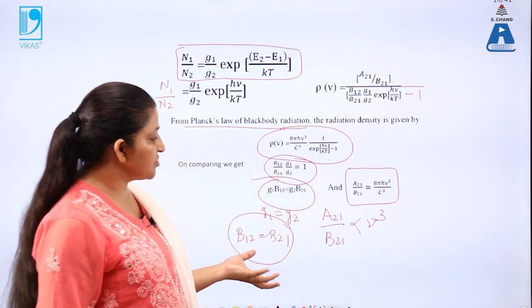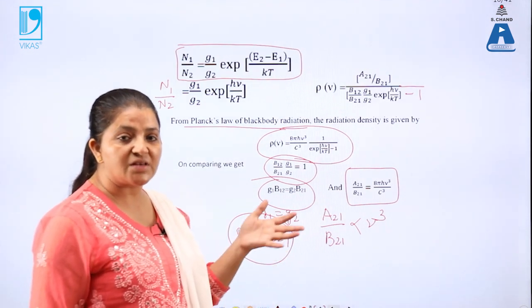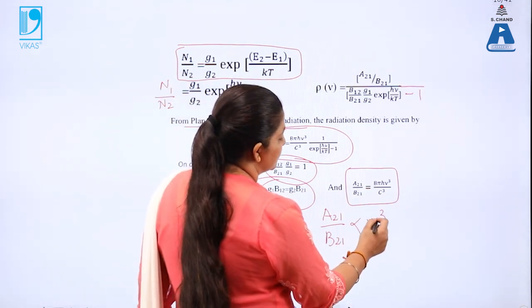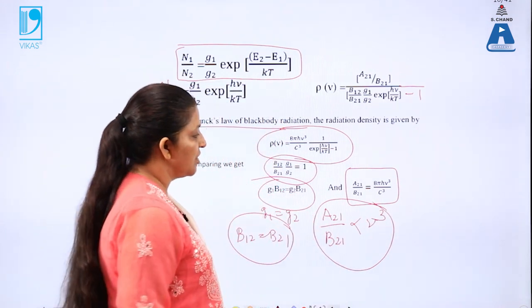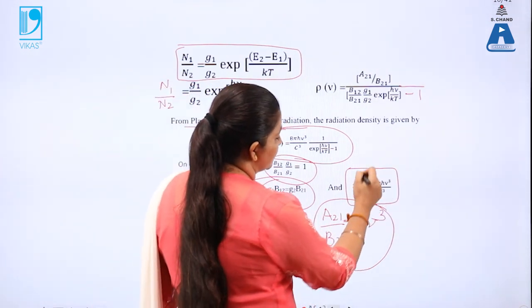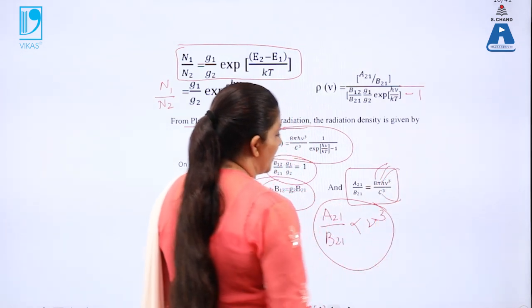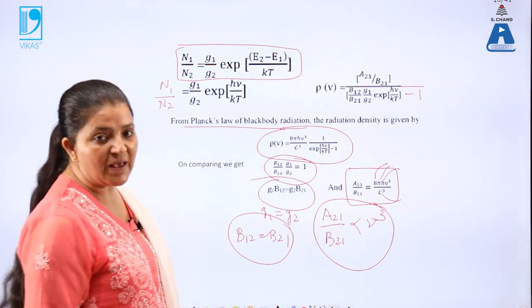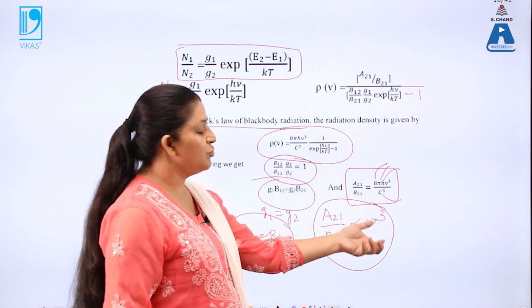That relates to the radiation released by the atoms when they move from the excited state to the ground state, and nu is the frequency of radiation. Rest of the factors are constant: 8 pi, h, and c, the velocity of light. What is h here? That is Planck's constant. So this ratio is proportional to nu cube.